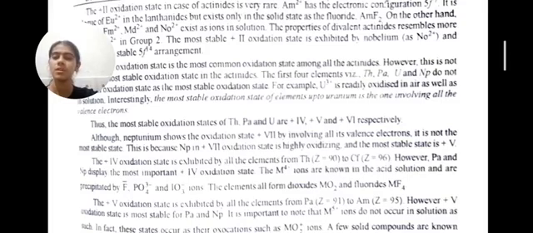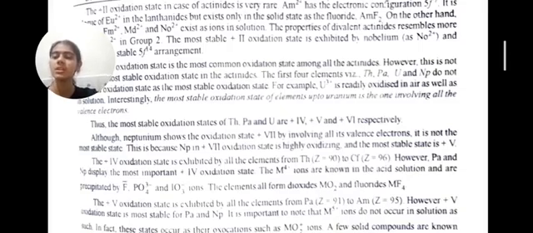However, Pa and Np display the most important +4 oxidation state. The M4+ ions are known in acid solution and are precipitated by F-, PO4 3- and IO3-.